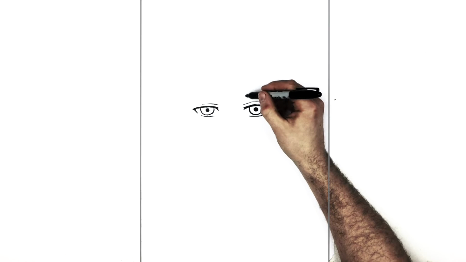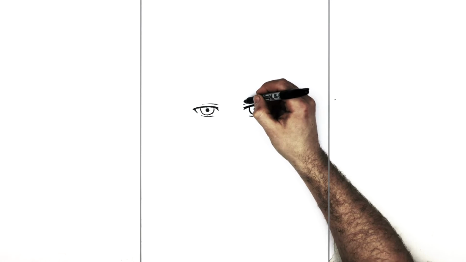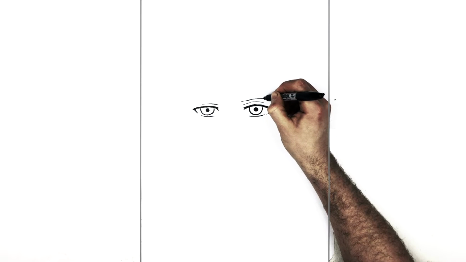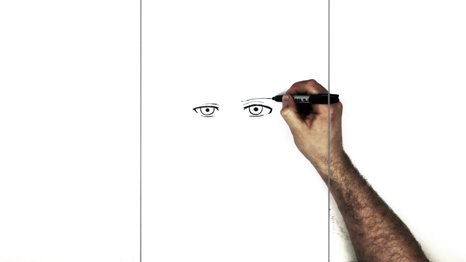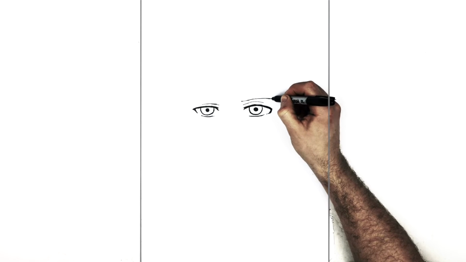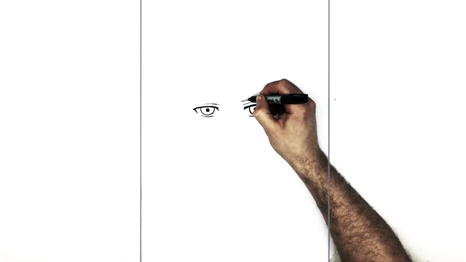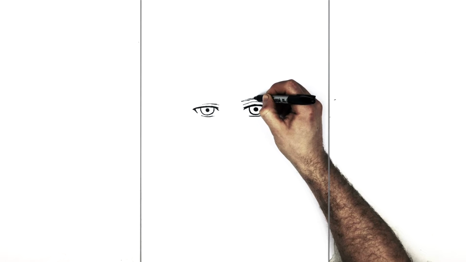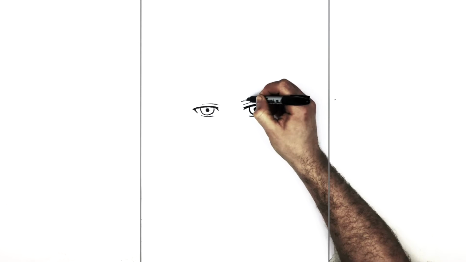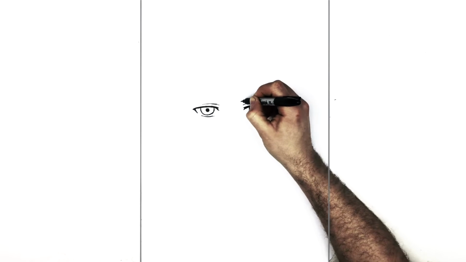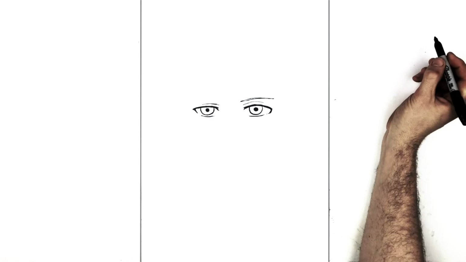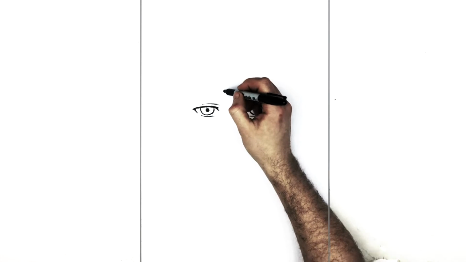Real thin eyebrows on Kaneki, nearly just a line really, going across like so. Like that, maybe slightly thicker on this end, but barely noticeable. Like that.